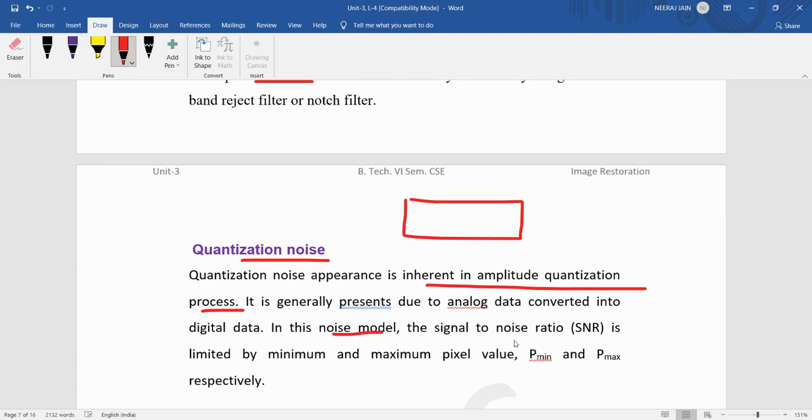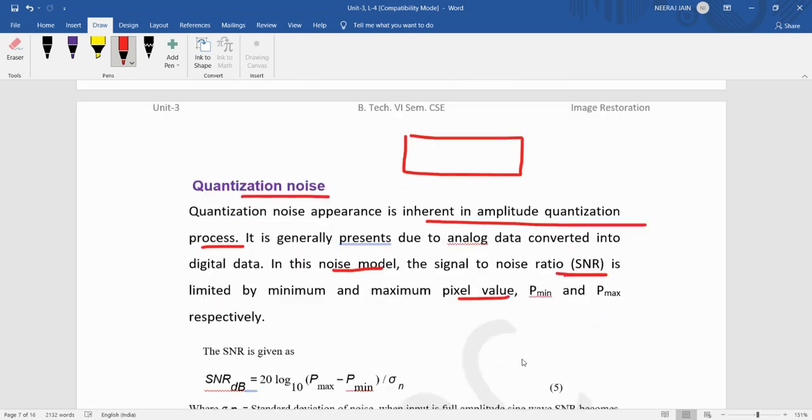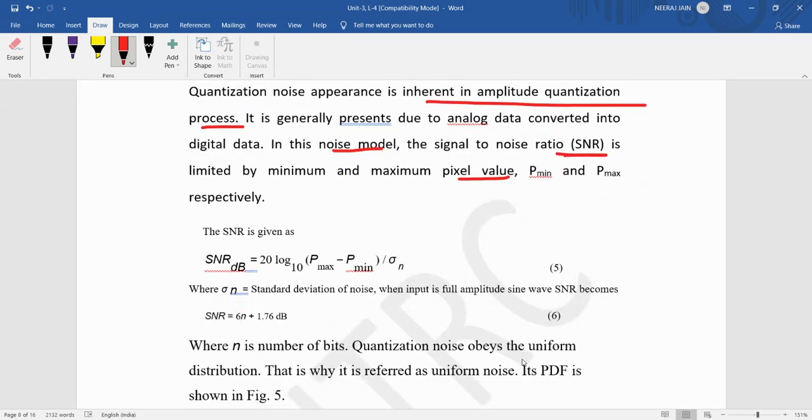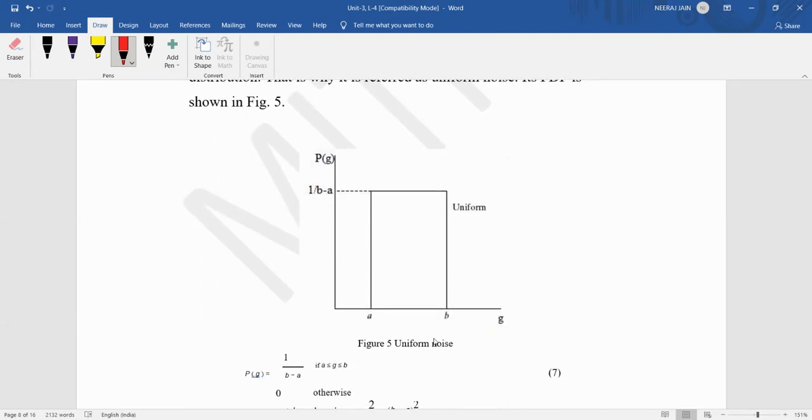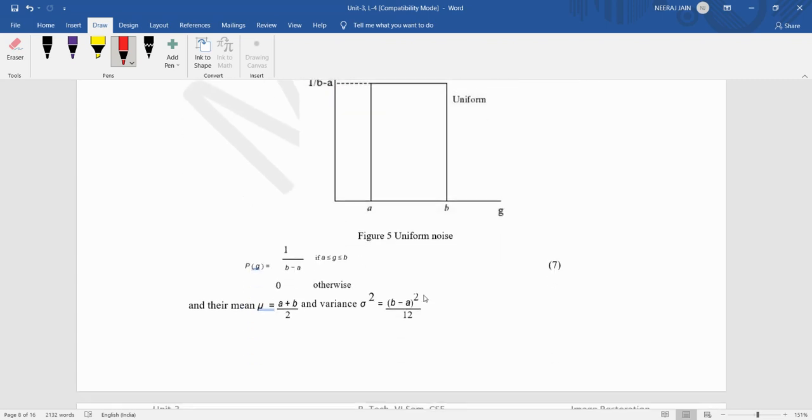In this model the SNR, signal to noise ratio, is limited by the minimum and maximum pixel values, denoted by P minimum and P maximum, by which we can calculate the SNR value. We can also observe its PDF, which is shown here.